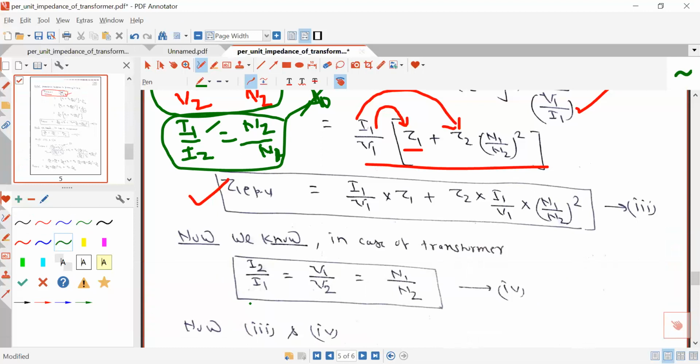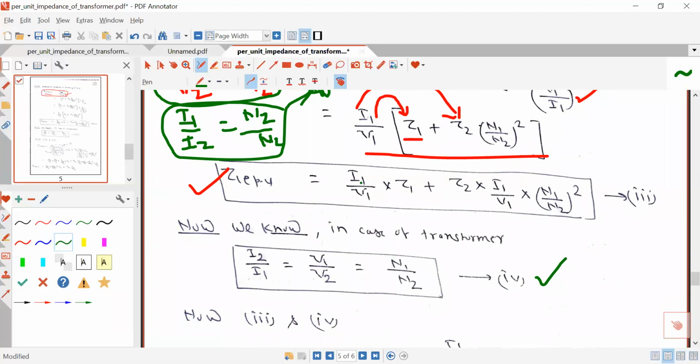This formula is already known to you all, and you can also revise it in electrical machine 1, and you already studied it in first year.